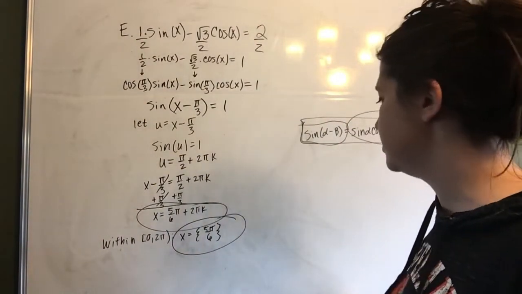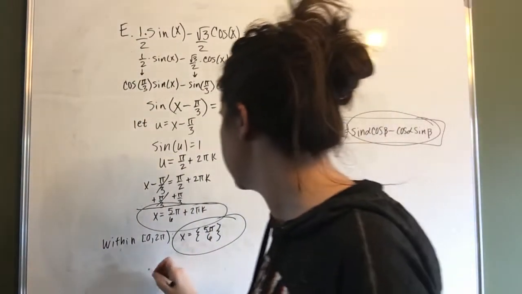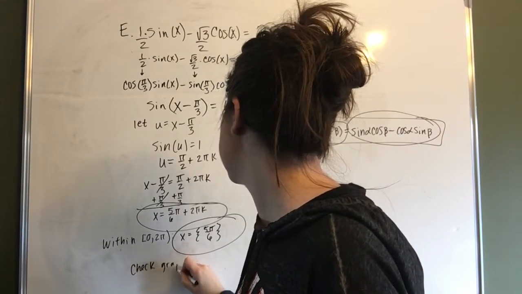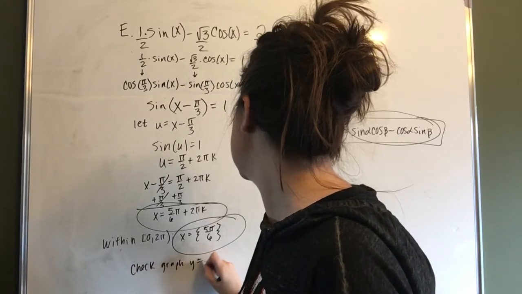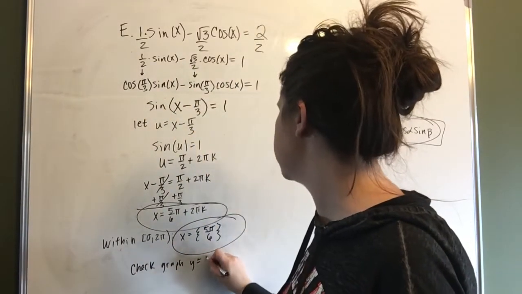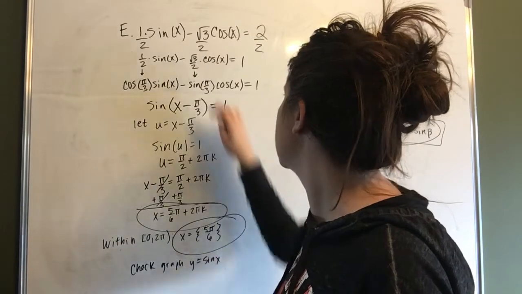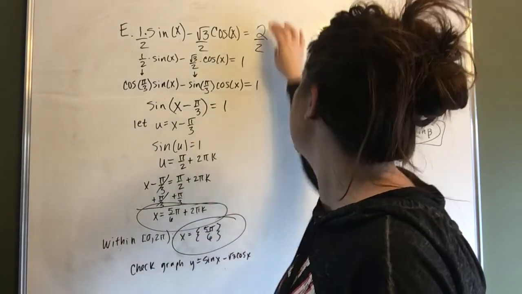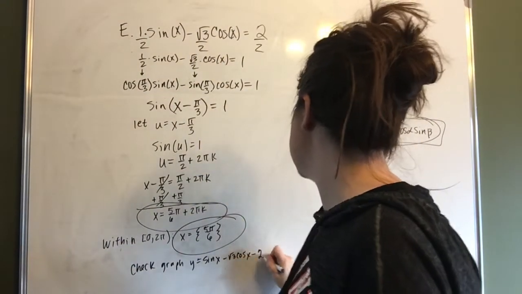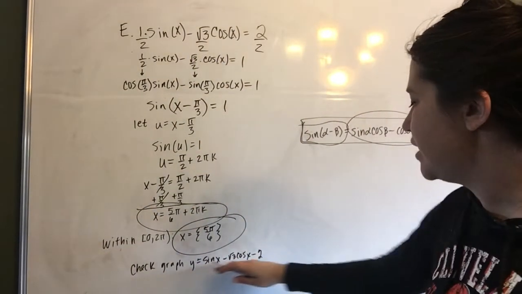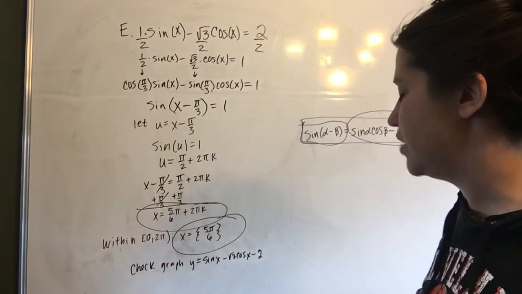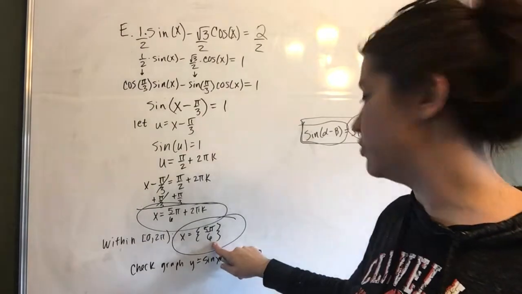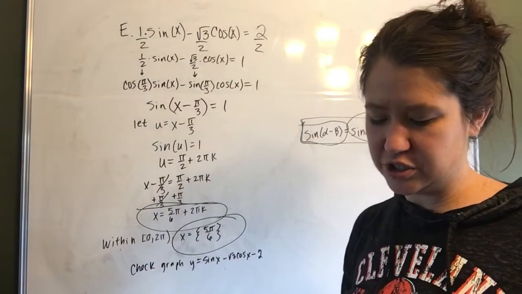What I would suggest doing to check it is to graph y equals the original problem, which was sine x minus square root 3 cos x, and then minus 2, because you want to have it equal to 0. If you graph that on the interval just from 0 to 2 pi, you should see the graph crosses the x-axis at only that value. So I encourage you to check that out.